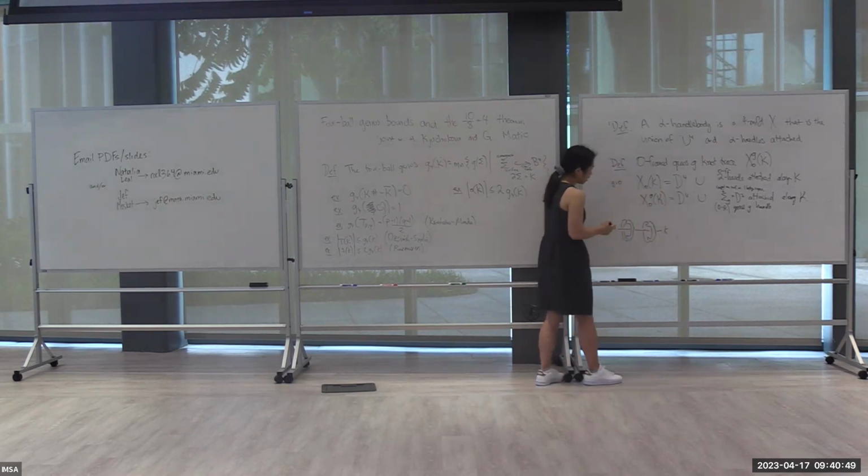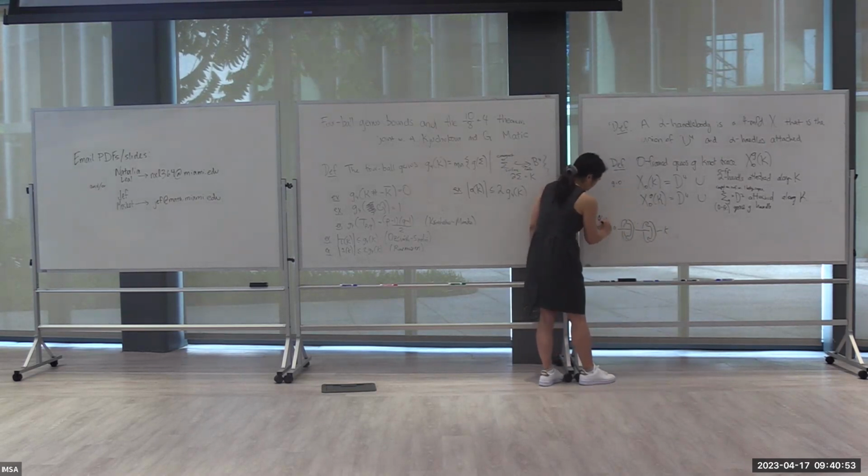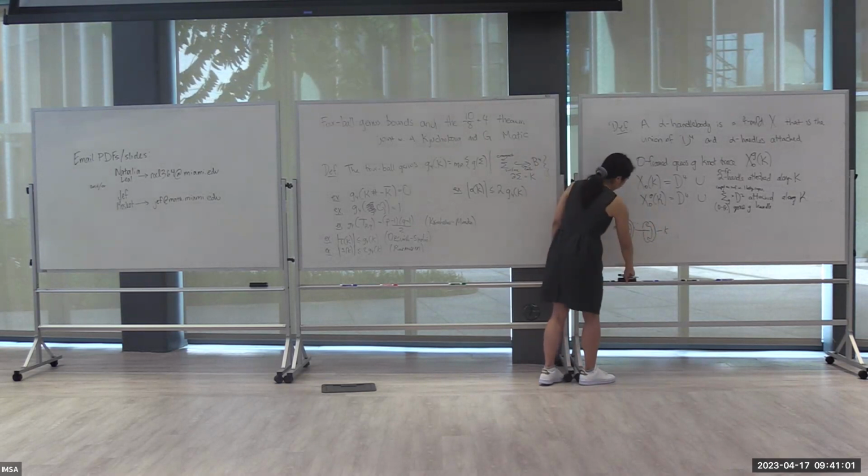So I'll take a zero-framed two-handle attached to the knot K, and then we'll take 2G one-handles.